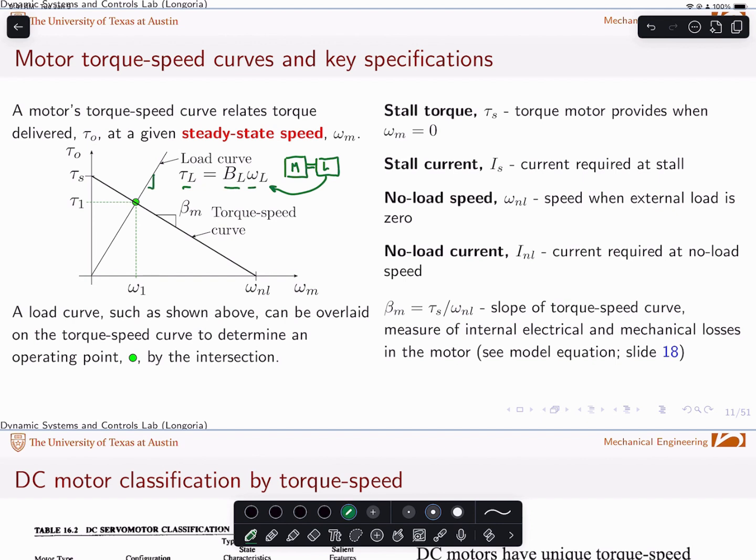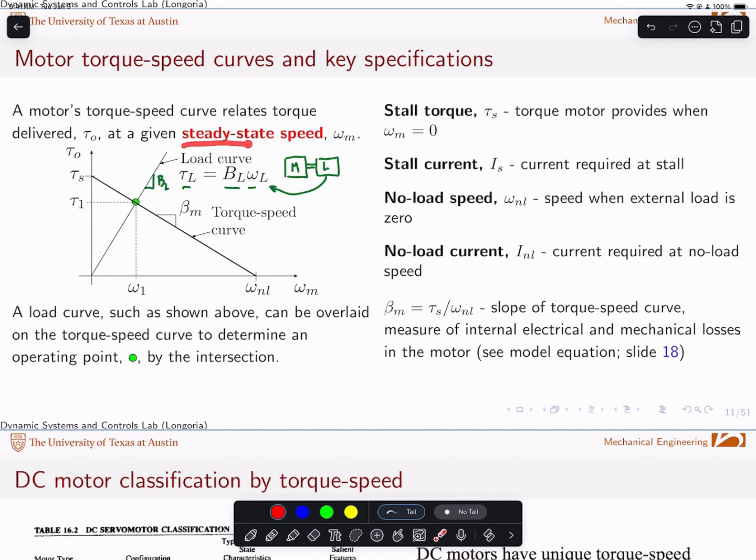In the case shown here, this is the slope B_L. So one way that we use torque speed curves is to overlay them this way, and where they intersect, that gives you basically a solution, right? You have 2 equations, 2 unknowns. You can solve for the operating torque and speed for that motor, the intersection showing that operating condition.